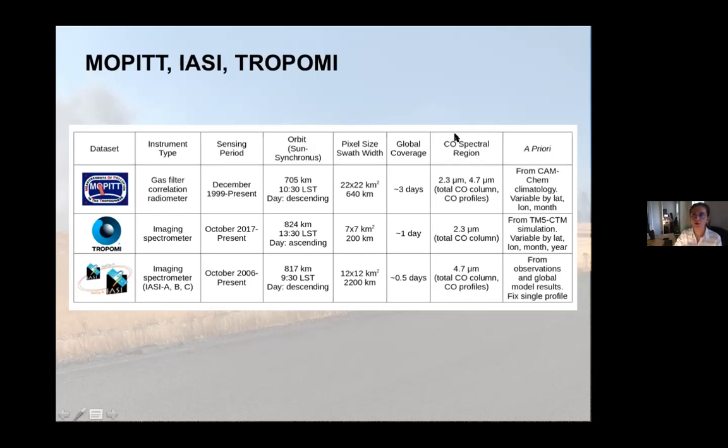So MOPITT offers global coverage every 3 days, TROPOMI every day, and IASI twice a day. And there are 3 IASIs. They use different a priori for the retrievals. So we need to understand those differences to make proper comparisons.